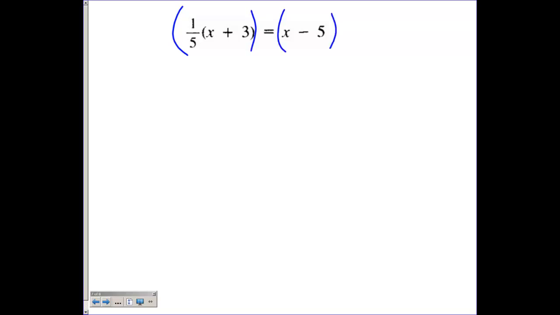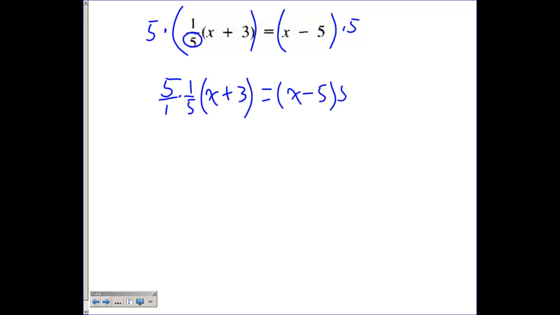Since this is a divide by 5, we're going to undo that by multiplying by 5 and multiplying by 5. So when I do this, what I end up getting is a 5 over 1 times a 1 over 5 times (x plus 3) is equal to, and I'm going to leave this on the outside for now, (x minus 5) times 5. But over here on the left, this gives me 1.